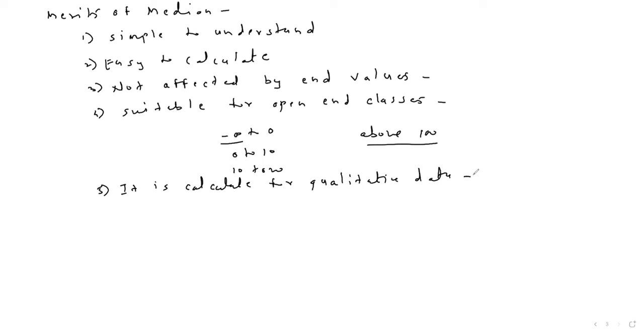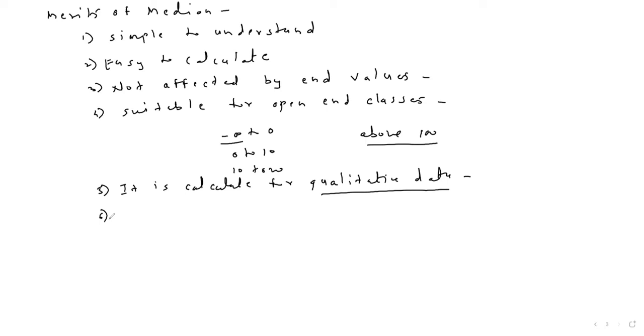For that particular data set also, the data is in the form of grades, and we can arrange these grades in ascending or descending order of magnitude. Hence, we can get the median value for such a data set also. For such a data set, that is, if the data set is open-end class or qualitative data, we cannot find the mean.